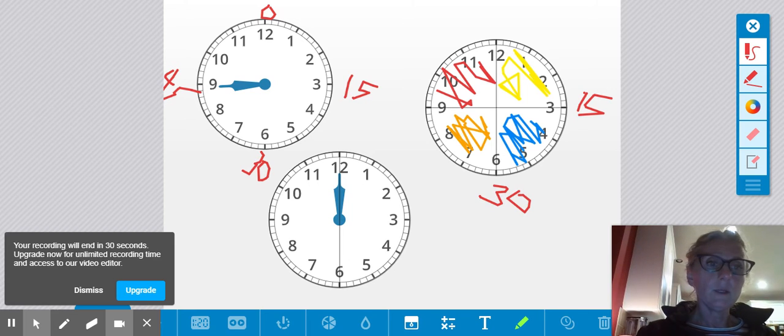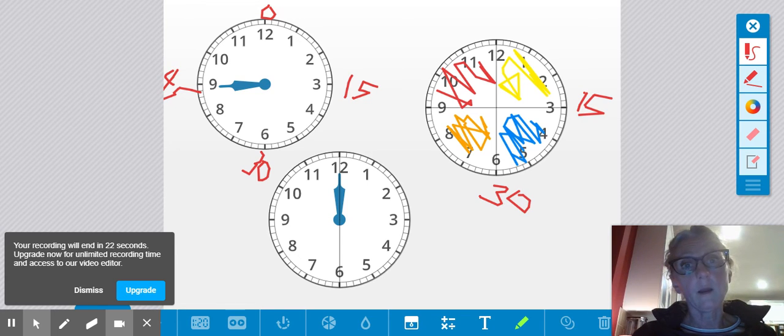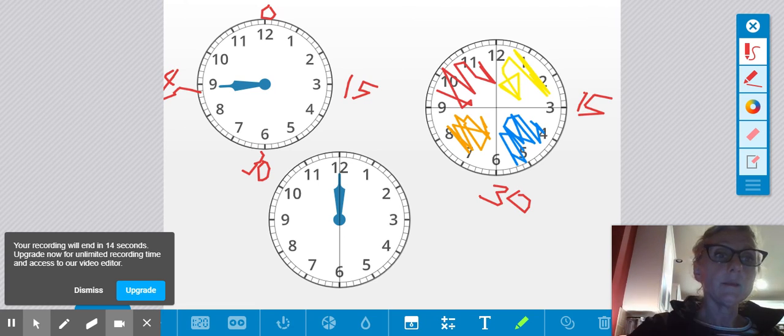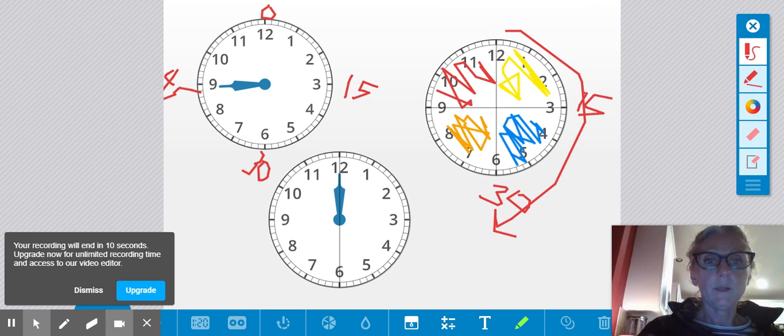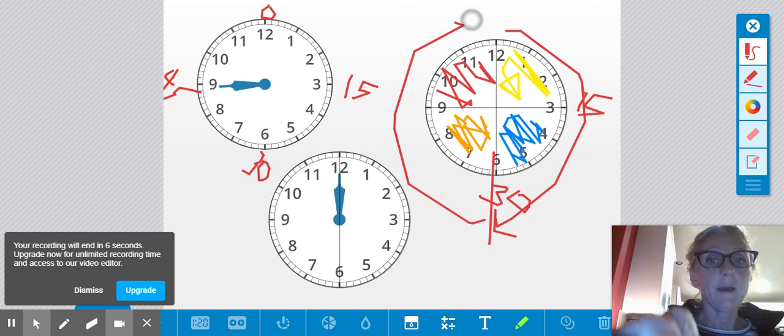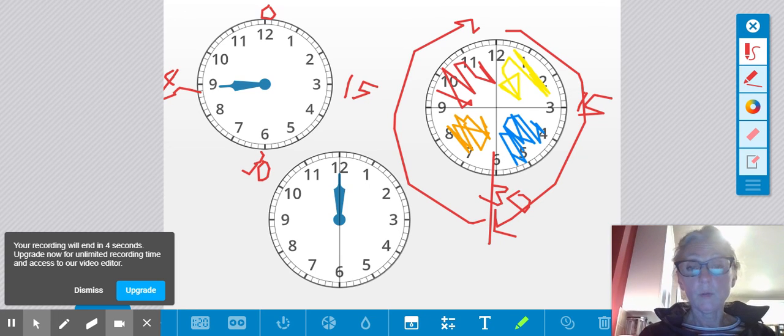So all I'm trying to do right now is just show you the fractions and relate it to the parts of a clock and telling time. Quarter after or quarter to. So when you're going in this way, you're going after. But whenever you're going back up, it's to the next hour. Thanks.